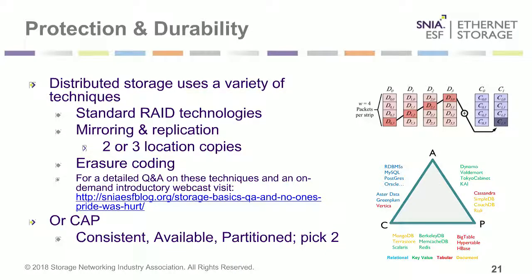And is it partitioned? Are there pieces of my data available in one place that might also be available in another place should the network fail? So the CAP theorem allows us to pick 2 of these 3 attributes in terms of distributed storage. And applications as a consequence, and some of them are shown there, it's pretty small. You can actually explode this out if you wish to show that bigger diagram. It shows, for instance, some database technologies that use different approaches to consistency, availability, and partitioning.